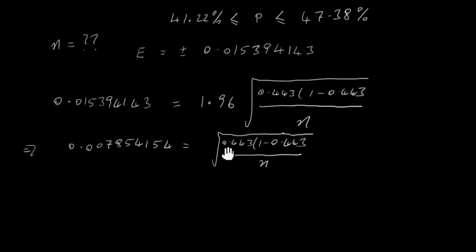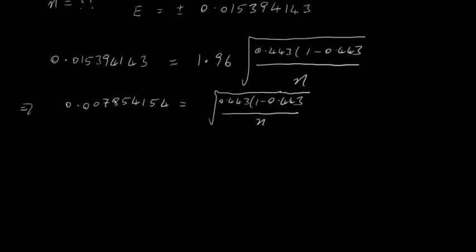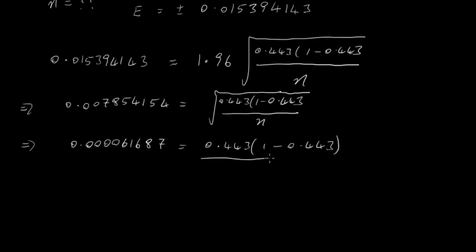Okay, in this case we have a square root on this side, so I'm going to square both sides. If I square both sides, multiply this by itself, I'll get 0.000061687. So we will just end up on this side with 0.443 times 1 minus 0.443 and all of that over n.